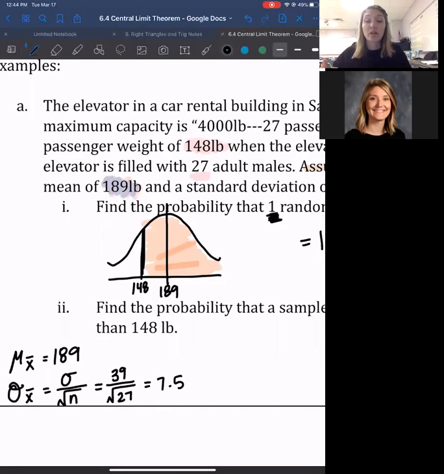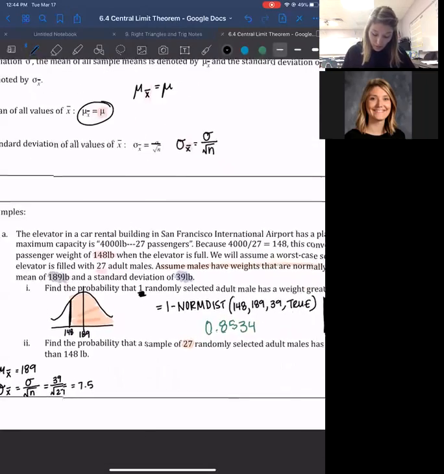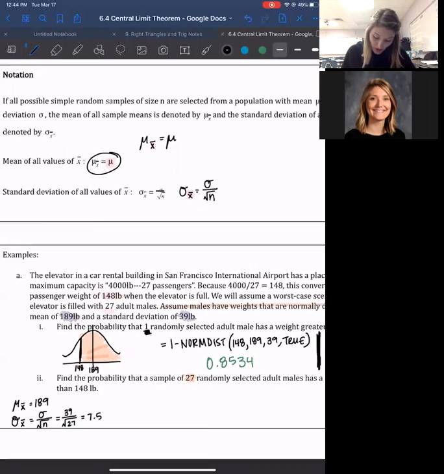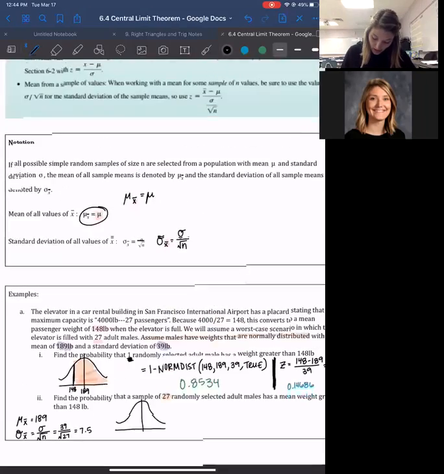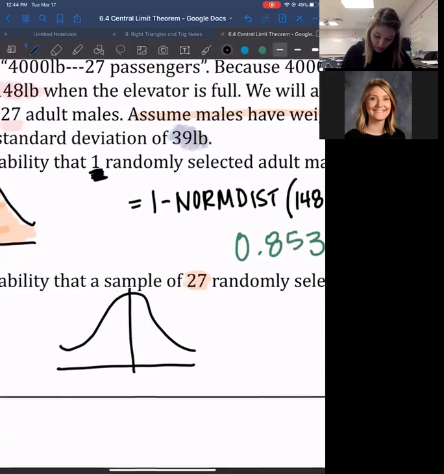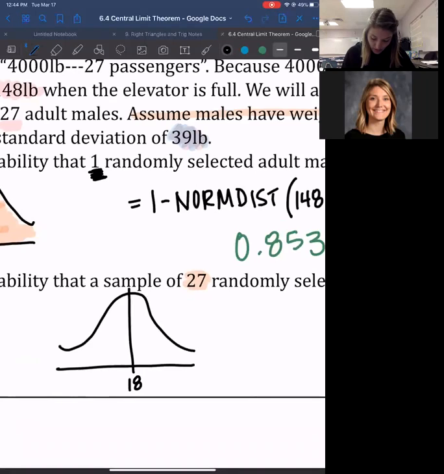Okay, so that's what we're going to enter into Sheets, or use to find the z-score to look up on the table. So we're still looking for a weight greater than 148. Our mean is still 189. We're still looking to the right.